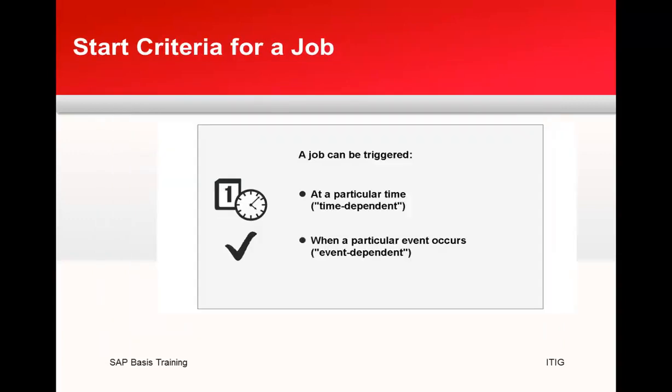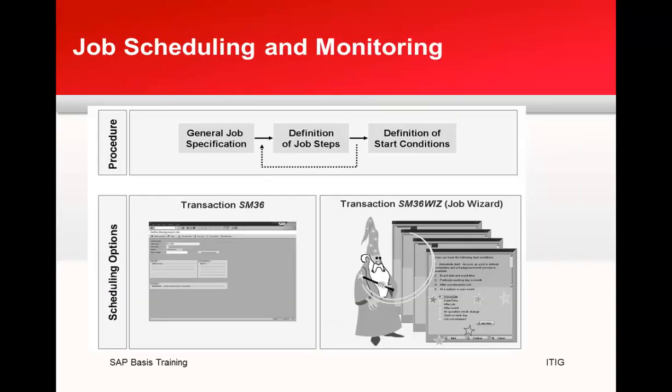Next, the start criteria for a job. A job can be triggered at a particular time, which we call a time dependent job. When a particular event occurs, we call it an event dependent job. Here we see how to create or schedule a job in SAP. The transaction is SM36.